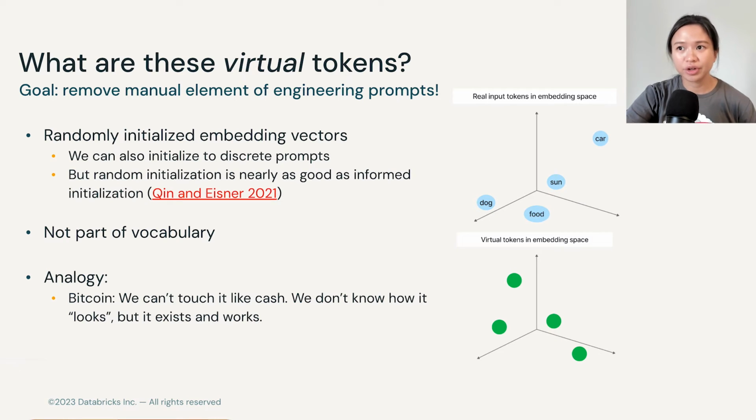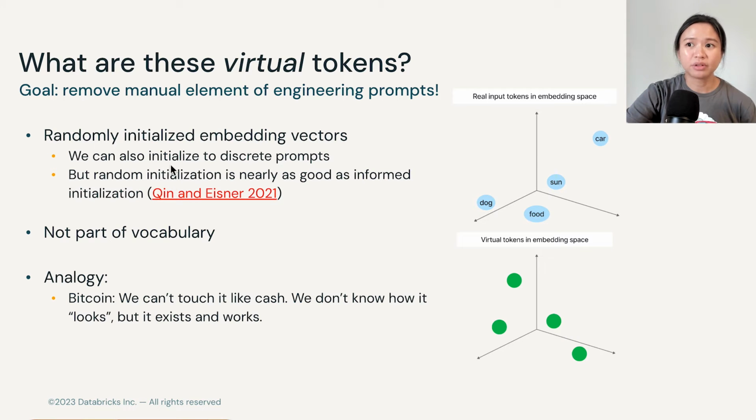In some research, we have also seen people initialize these virtual tokens to represent discrete prompts. It means that we are providing some minimal discrete prompts for the model to start with, and then the model is free to update embedding vectors during the training process.